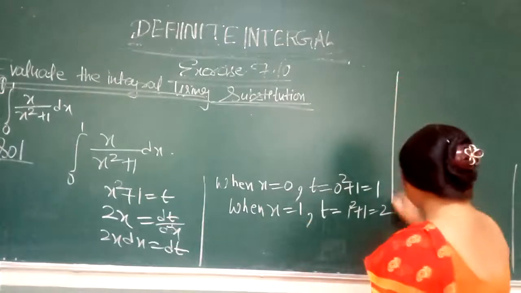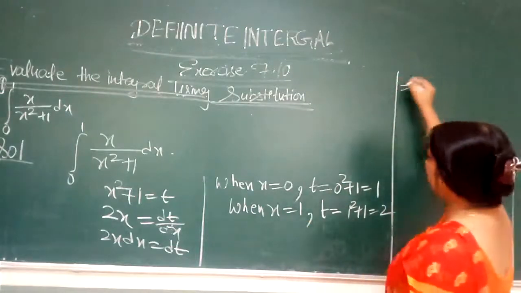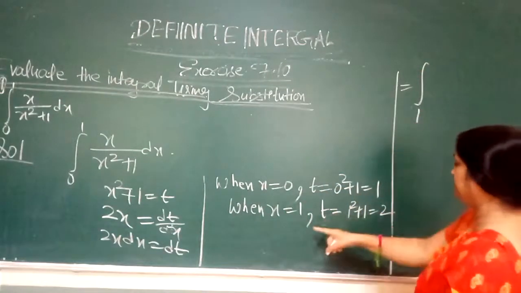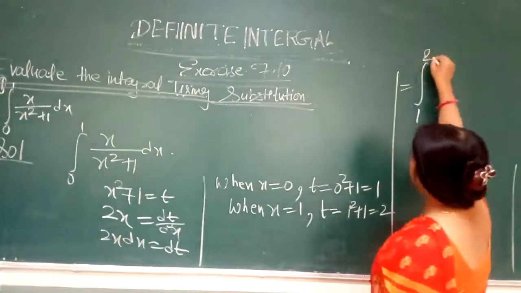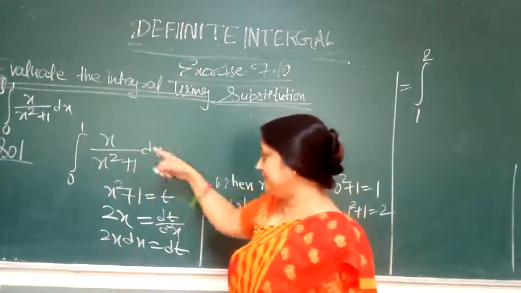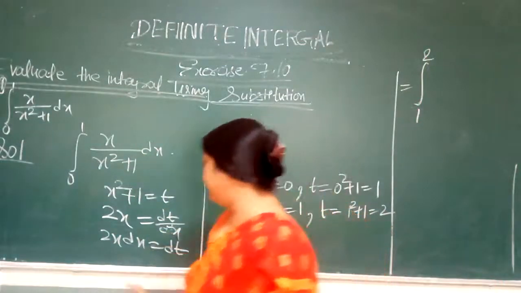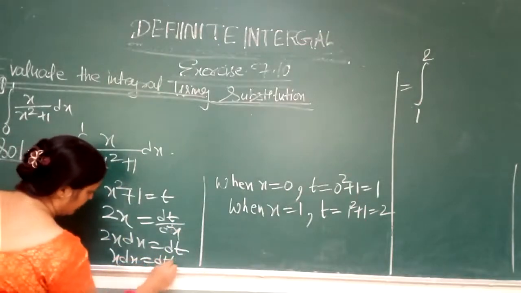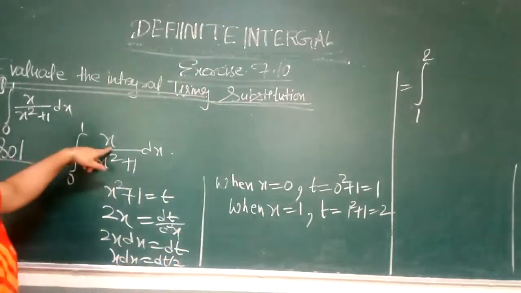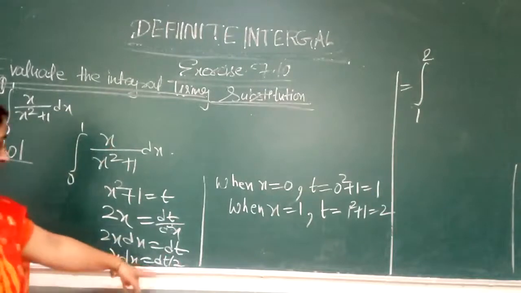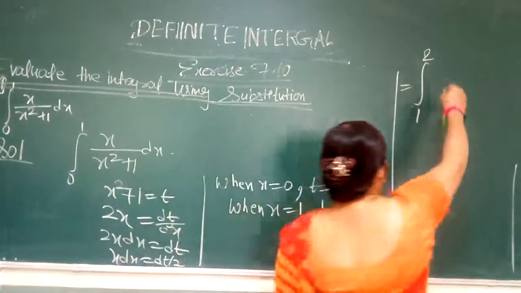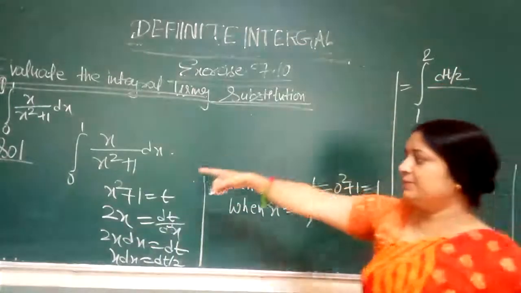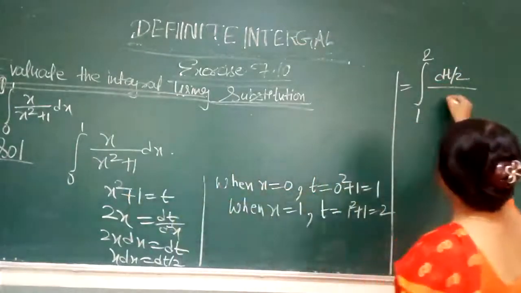Now in the place of 0 we will put 1, and in the place of 1 we will put 2. Now from 1 to 2, what is the value of x dx? The value of x dx is dt by 2, because 2 is not here, so we are taking this 2 to that side. So it will come dt upon 2, and x square plus 1 is t.